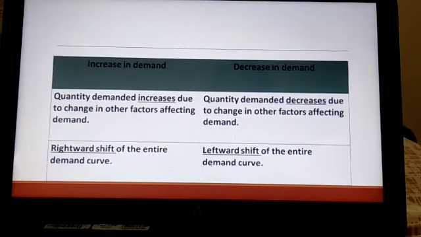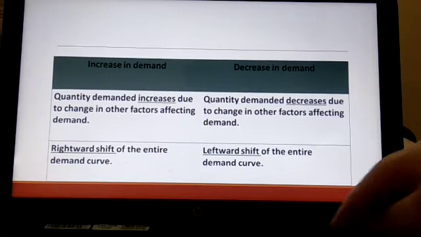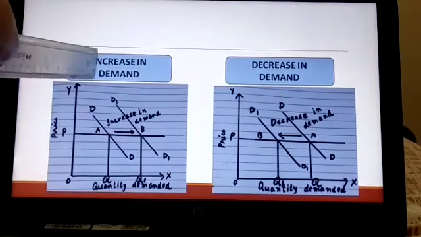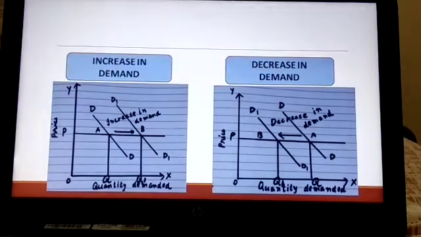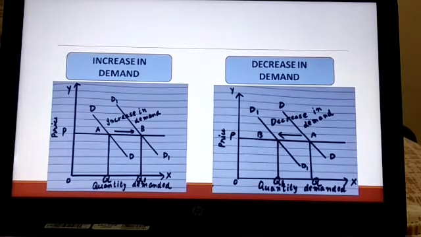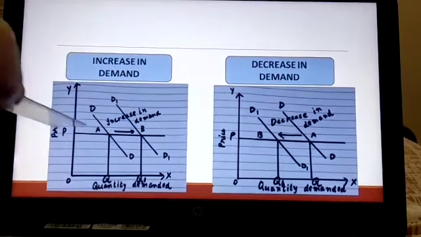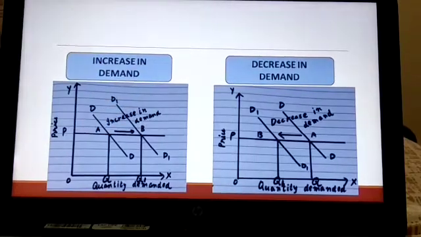Now, second point, you have seen rightward shift and leftward shift in decrease in demand. We will be discussing this in the diagram now. See, this is the diagram for increase in demand. This is the diagram for decrease in demand. As I told you earlier also in the topic shift of demand curve, the price of the commodity will remain the same.